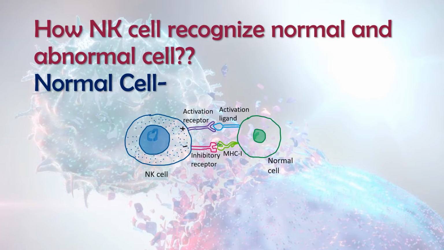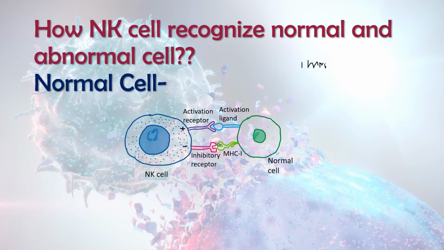Now, the next question must be spinning in your brain: how do NK cells recognize normal and abnormal cells? The abnormal cell may be a stressed cell, which may be infected or maybe a tumor cell. In other words, we can say that they provide immunological surveillance.